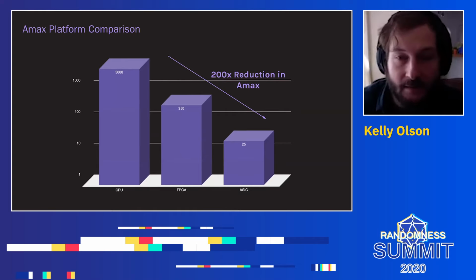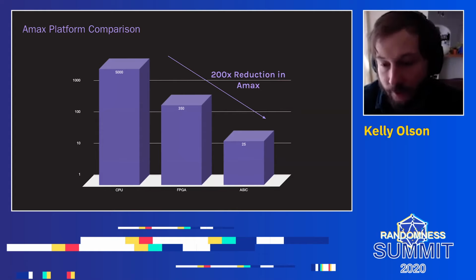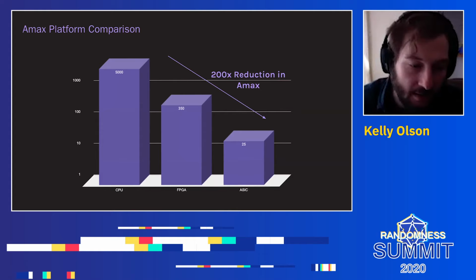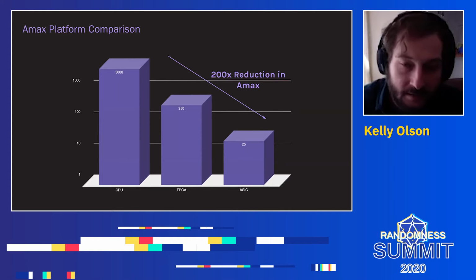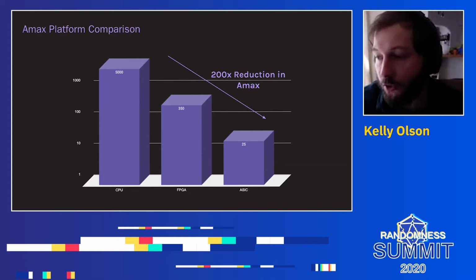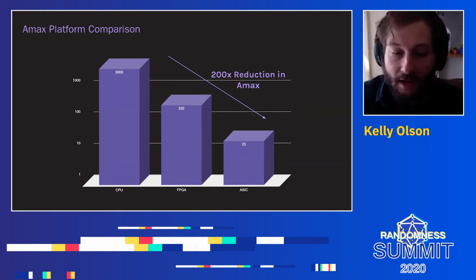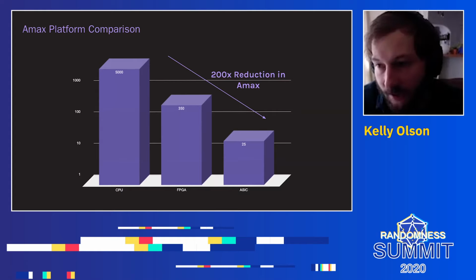What this means in practice is that if the average participant in the VDF protocol has one of these ASICs, we basically have to run 200 times less of these ASICs in parallel. We can get 200 times as much randomness delivered on chain, and the energy consumption is ideally also about 200 times less.